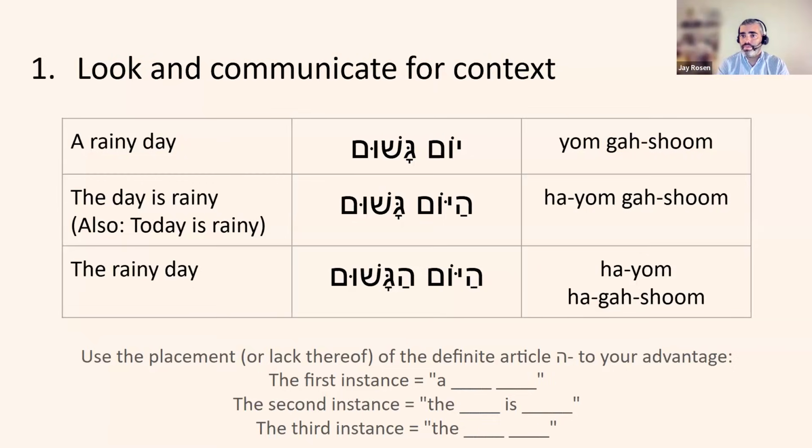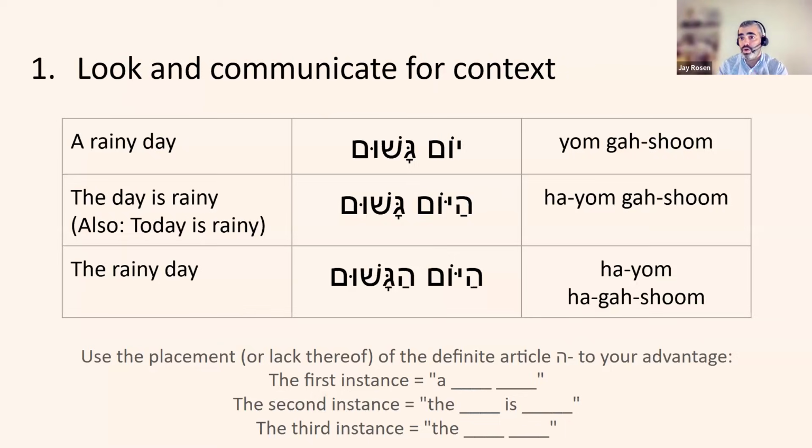Yom gashum. Yom is the word for day. Gashum is the adjective rainy, from the word geshem. Yom gashum, a rainy day. There is only one way to read this, folks. Yom gashum translates in English to a rainy day.